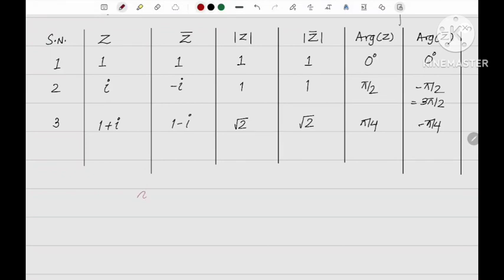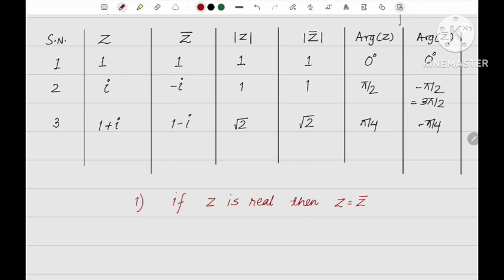Number one, if z is real, then z is equal to z bar, right? So if a complex number is real, that means it is lying on the real axis, then its conjugate is the same as the number itself.